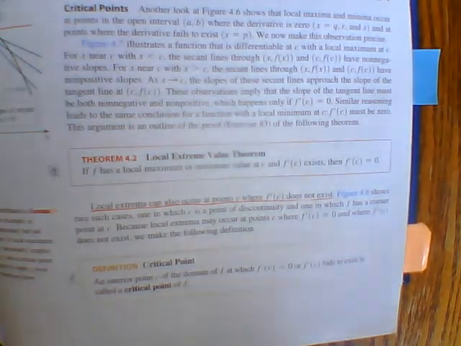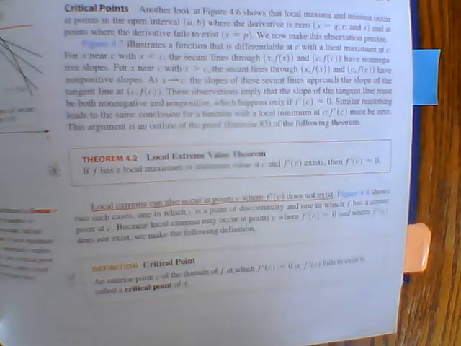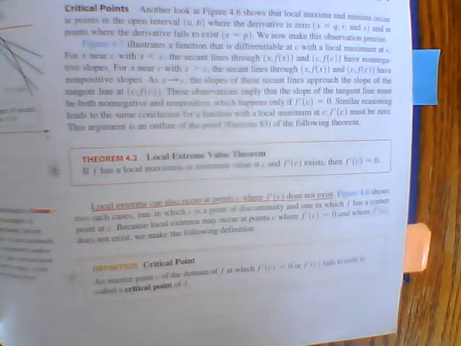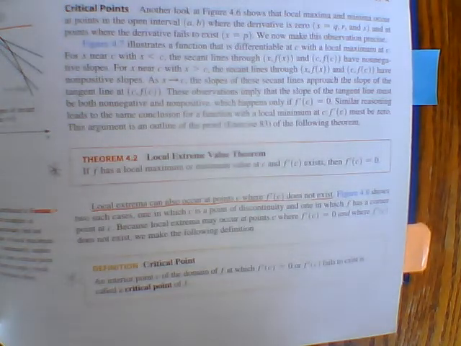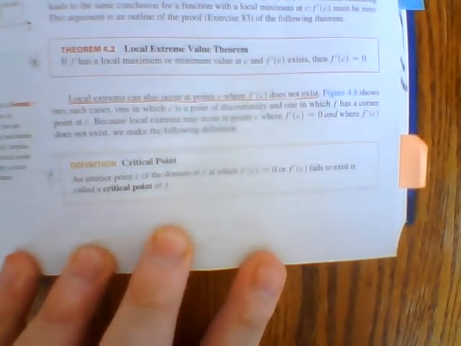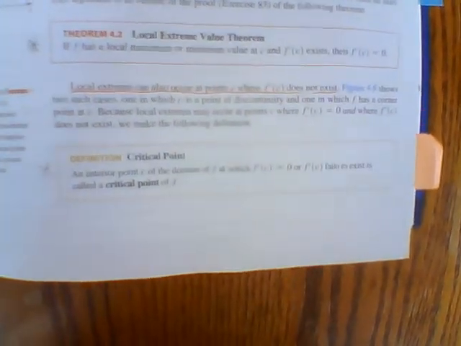Basically, we take the derivative of our function, set it equal to 0, and then take all those existing points at which it equals 0 and substitute them in to find our values.